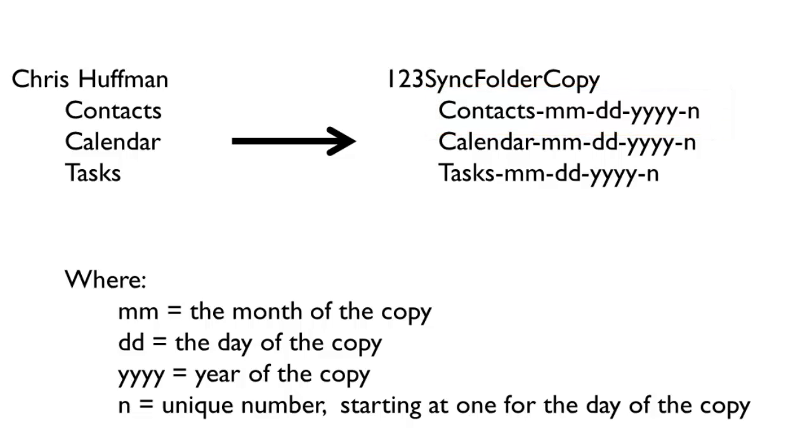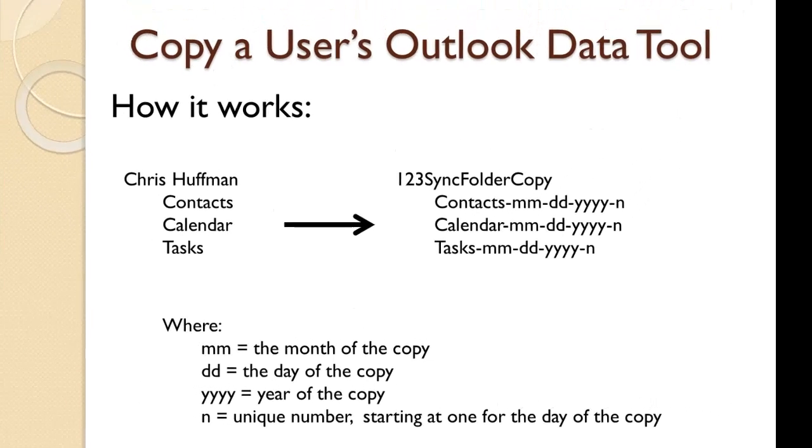In this case, it's a unique number. So if you do a copy twice or three times on the same day, you'll have the same date, but the n will actually increase by 1 each time you copy. For the next day, n starts at 1 all over again.